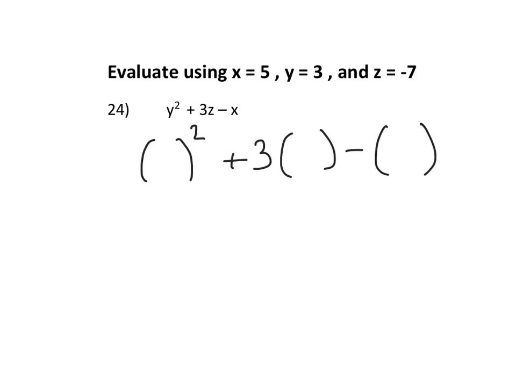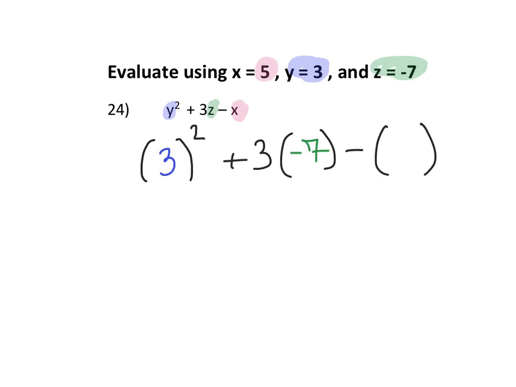Then I go back and I look, okay, if I have y is being represented by 3, which means in my parentheses is going to be 3. Next, we have z. Z is being represented by a negative 7. So in my parentheses, I have a negative 7. And then at the end is that minus x.